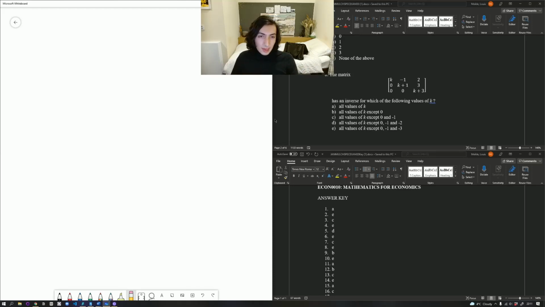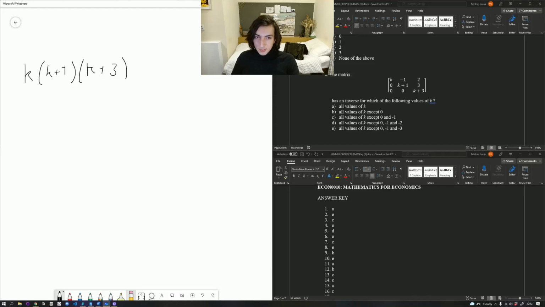So for K here, we're going to find the determinant. We're going to do K, and then we've got K plus 1 and K plus 3 multiplied together, and then because it's being multiplied by 0 in the diagonal, the other one we're not going to add.